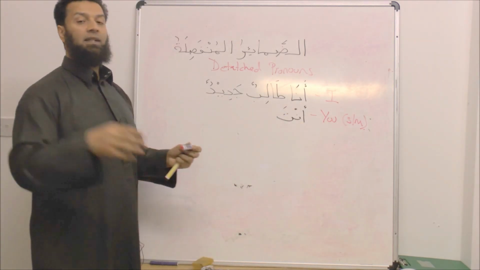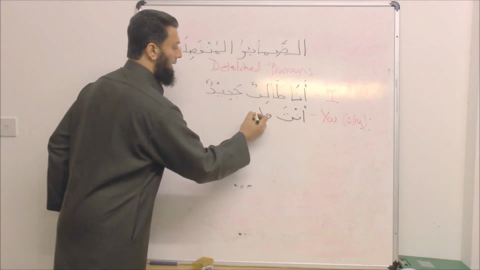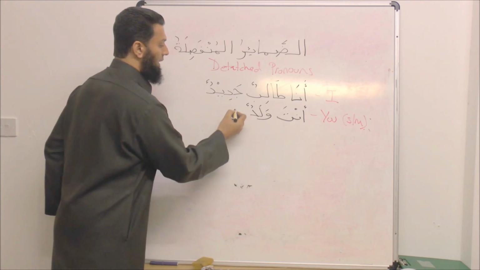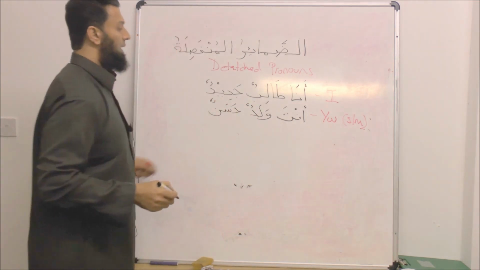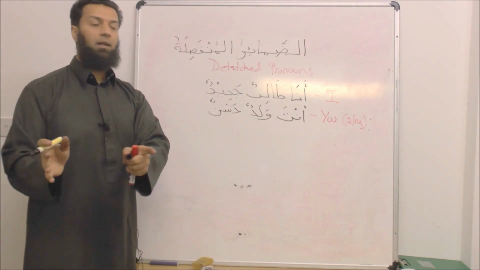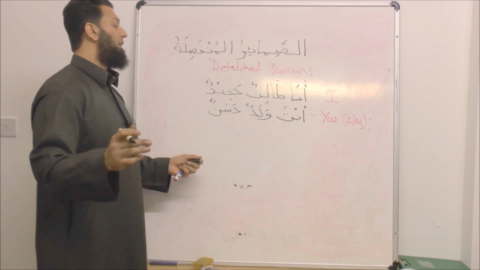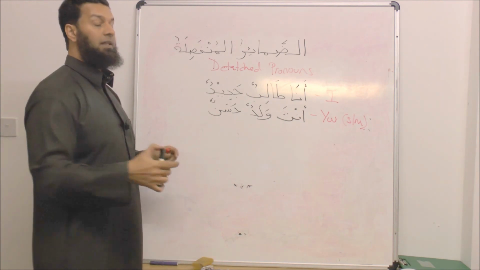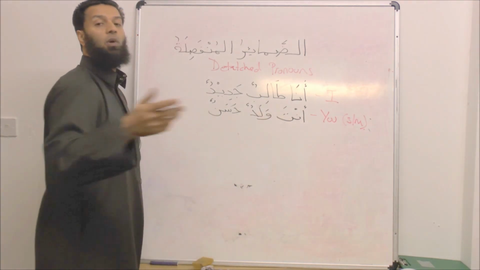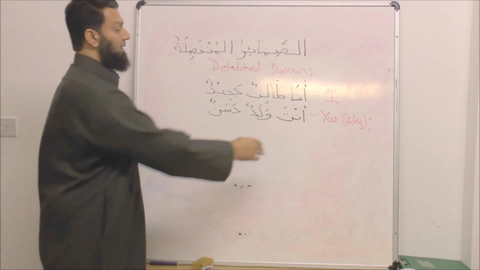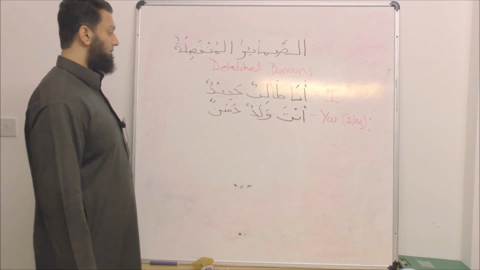So you can say, for example, anta waladun hasanun. Anta, you, single male. Waladun, a boy. Hasanun, good. So you can say this speaking to your son. Anta waladun hasanun. Masha'Allah, you are a good boy. Okay, so that's the second one. Anta, when you're speaking to a single male.